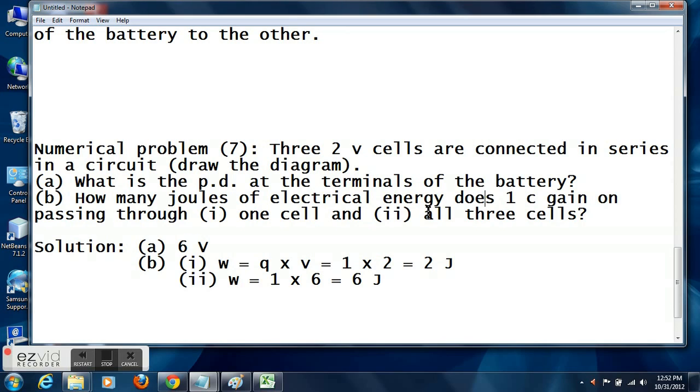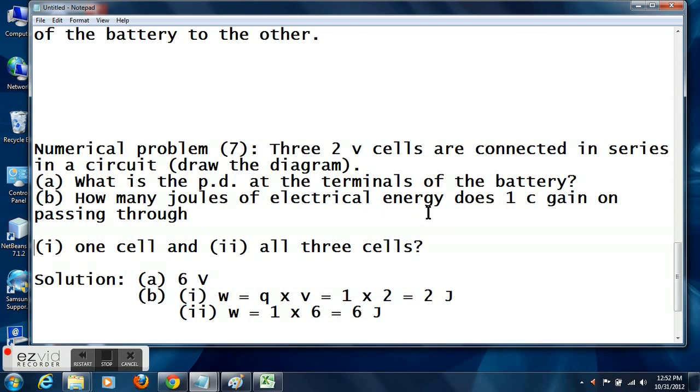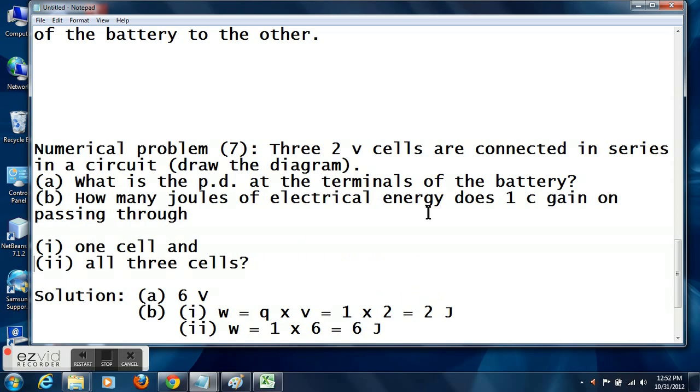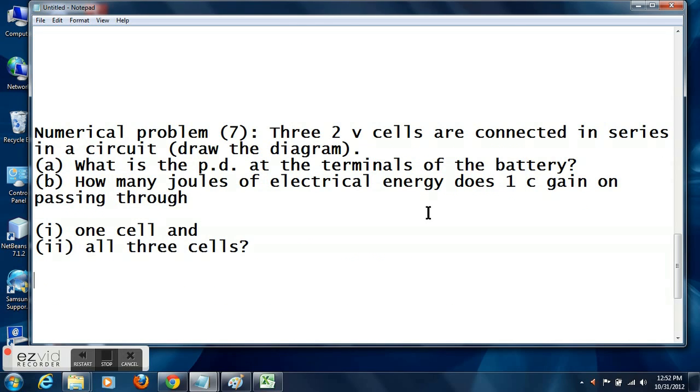Next question. How many joules of electrical energy does 1 coulomb gain on passing through? Now this again has two parts. First part is one cell and second part is all the 3 cells. So question number 2 again has two questions, and you have to give a solution for both.